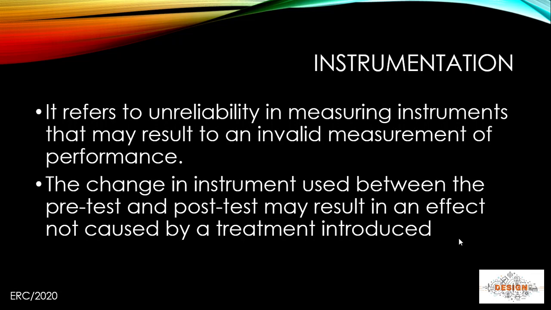For example, in a survey study, an instrumentation effect may be caused by an interviewer who, after conducting the pretest interview, becomes more experienced in interviewing. Okay, the interview experience will enable him or her to generate better and or more complete information during the post-test than what was collected during the pretest.